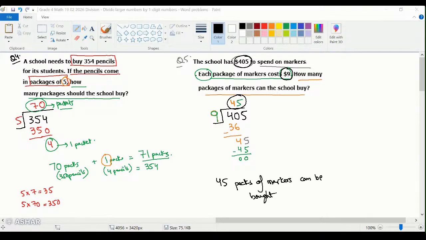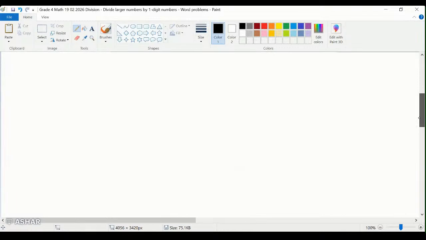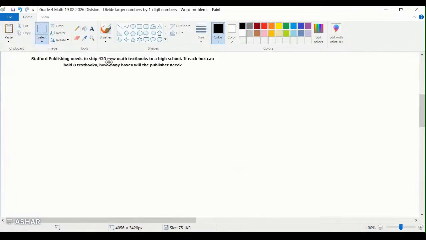Let's have a look at another example. For the next question, they're saying Stafford Publishing needs to ship 455 books. Let's say this is question number 6. I'll just realign this.